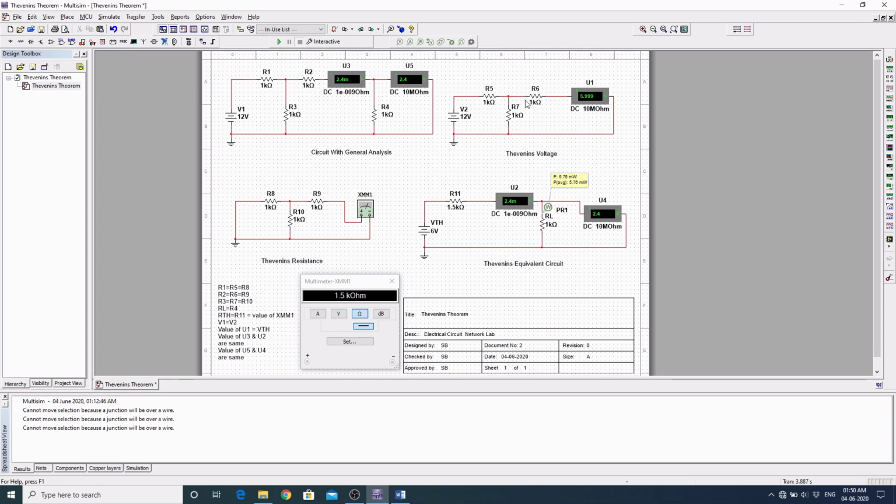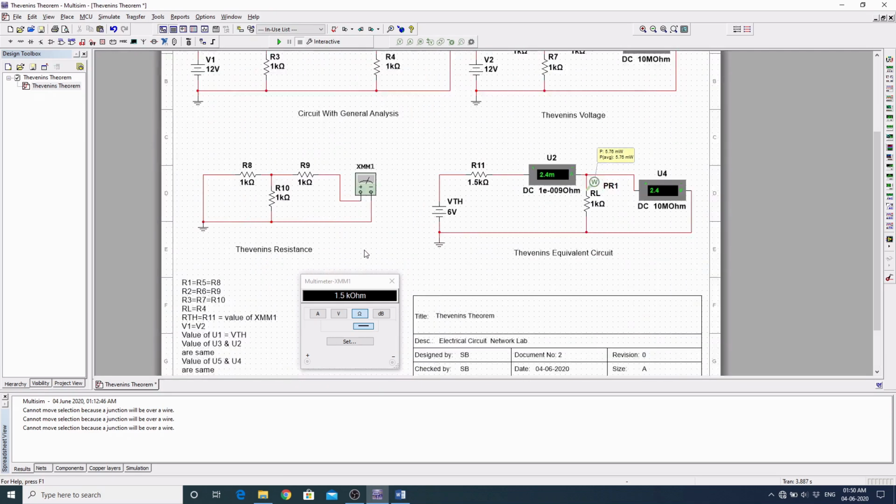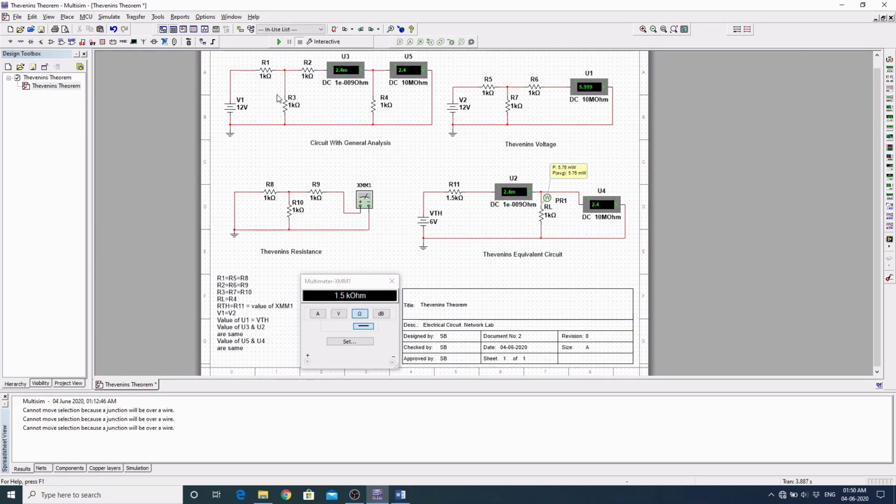Here you have to note this point: as I am doing the experiment on the same page, the notation of the resistances has changed. R1 is equal to R5, and that is equal to R8. These are the same. You can note that the points of attachment of these resistances are in the same place as in the main circuit.